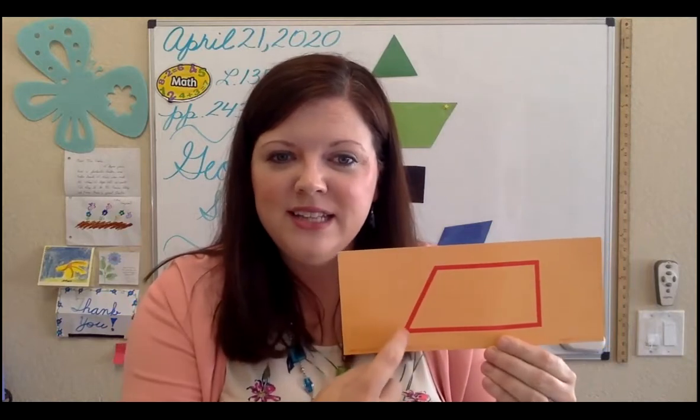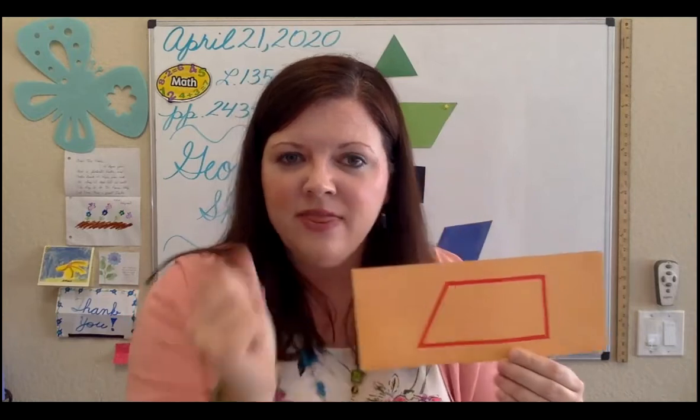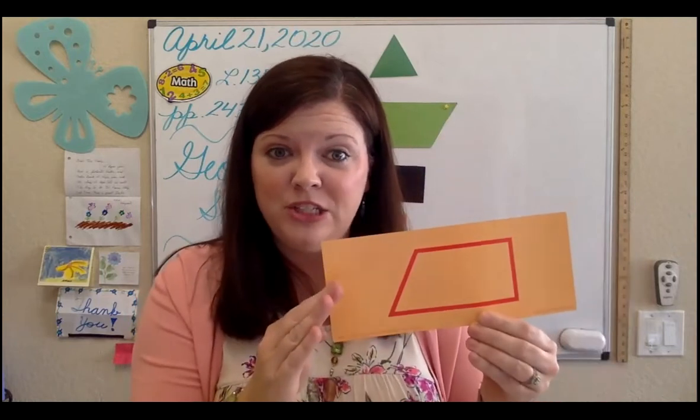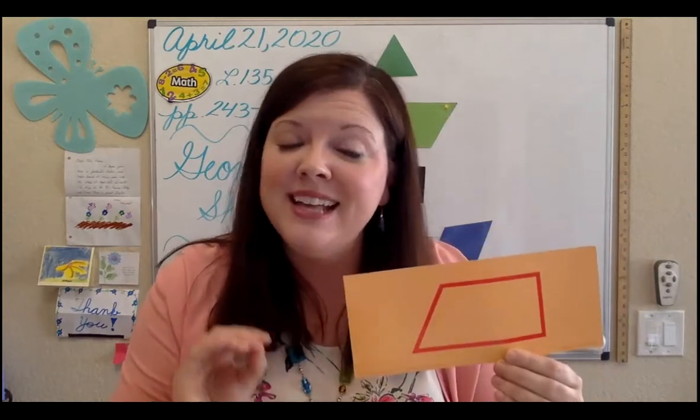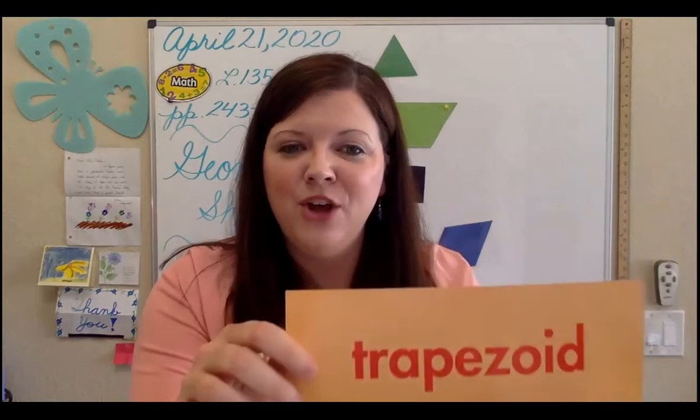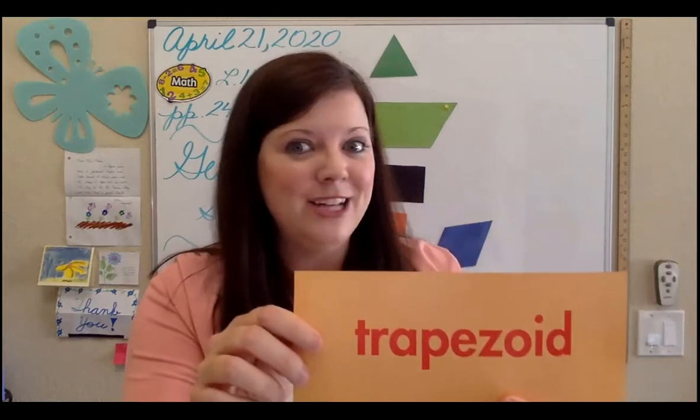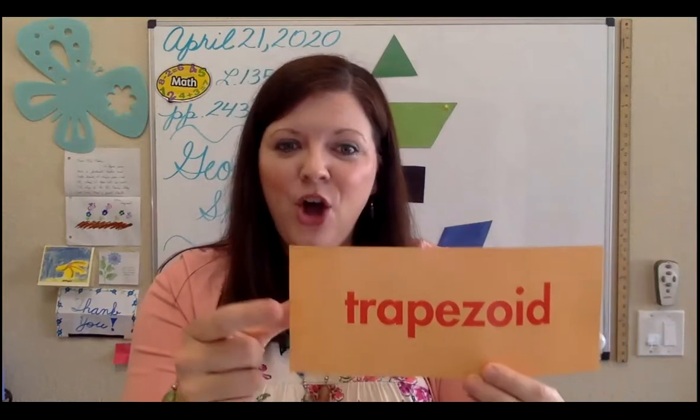If we were to continue this line and this line, they would actually run into each other. But these two lines will never run into each other because they are parallel, okay? If you have two sides that are parallel and two sides that are not parallel, you have a trapezoid. And here's a trapezoid right there.